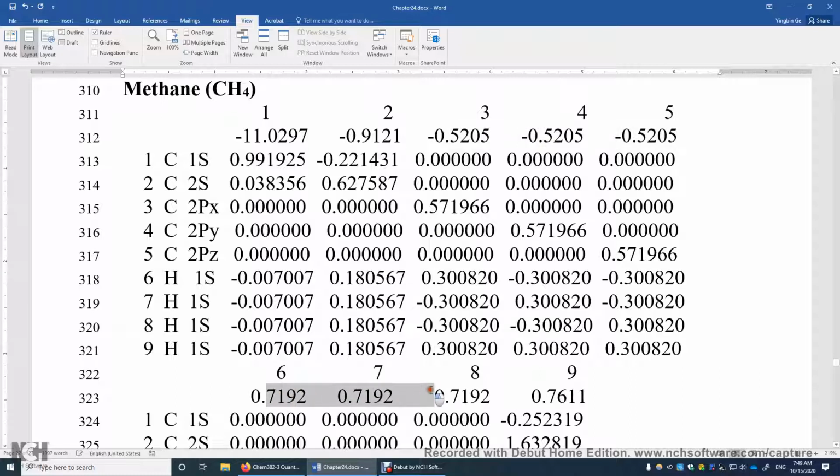The molecular orbital energy of 6, 7, 8 is 0.7 atomic unit. And 1 atomic unit is 2,625.5 kilojoule per mole. So there's a very large HOMO-LUMO gap. That means this methane does not conduct electricity easily.